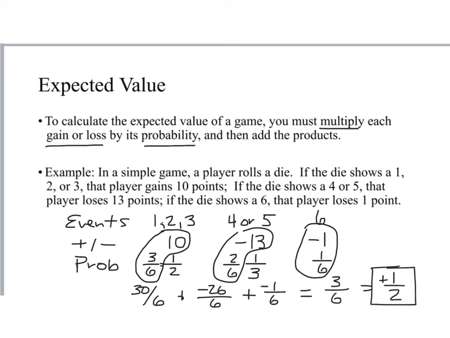The meaning of this is that for a player playing this game, each roll of the die, they would be expected to gain 1/2 point. Therefore, this game is in favor of the roller, the person who rolls the die.